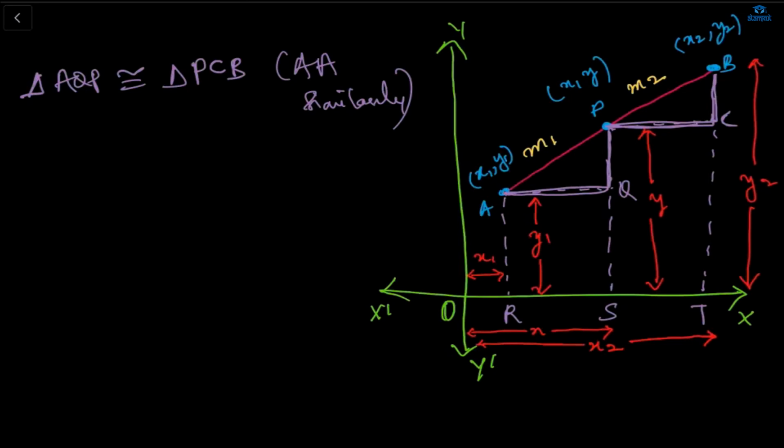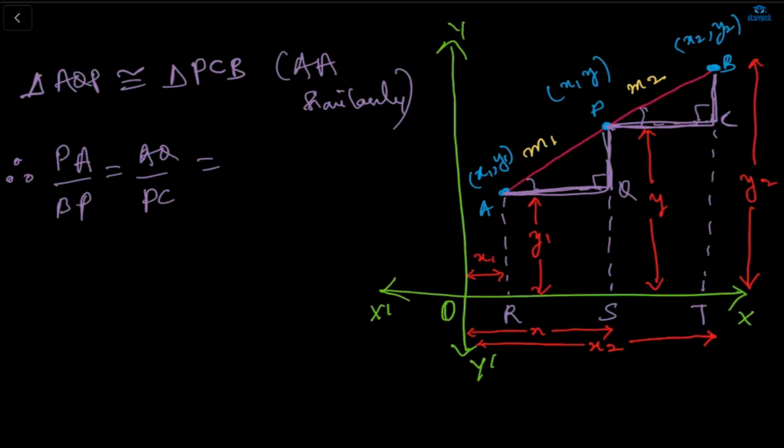I have drawn AQ perpendicular, and this also is perpendicular, so this will be 90 degrees, and the slopes here are the same. Since the triangles are similar, if you remember the similarity of triangles, the ratios of the sides are the same, so all the sides ratios will be the same.